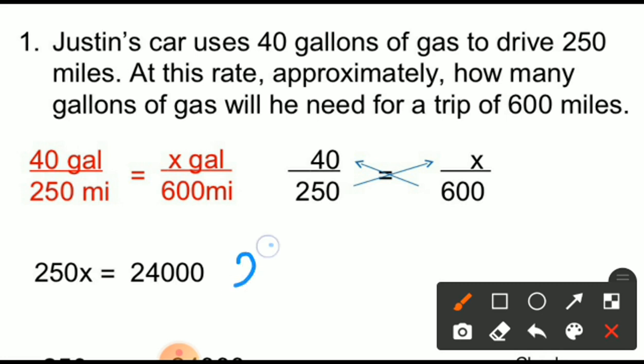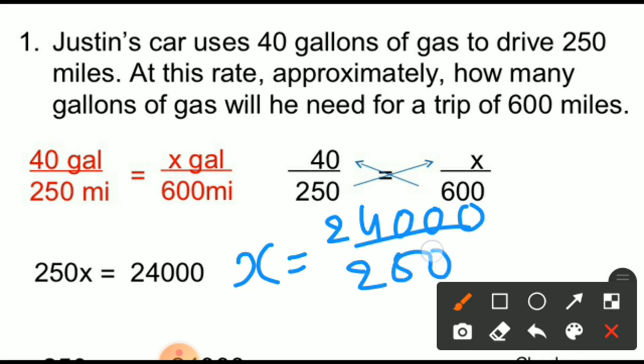So x is equal to 24,000 divided by 250. First of all, 0 cut. 25 ones are 25, or 9 something will come here. 9. Yes, my dear student.